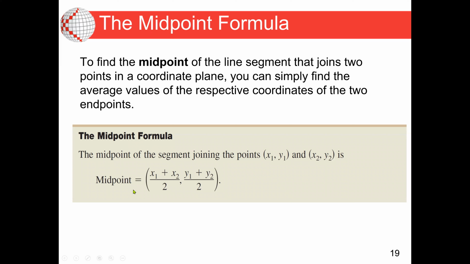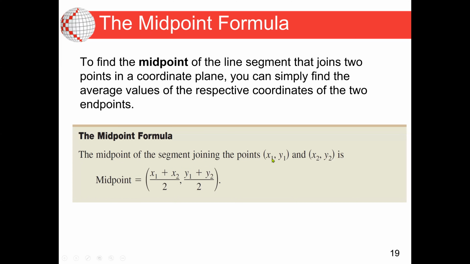So we can see here we have 2 points. So we have x1, y1, x2, and y2. So we take the x's, x1 plus x2, half of it, average. Then we also do y1 plus y2 divided by 2. So we take the middle, x1 plus x2 divided by 2, and each point has x and y.